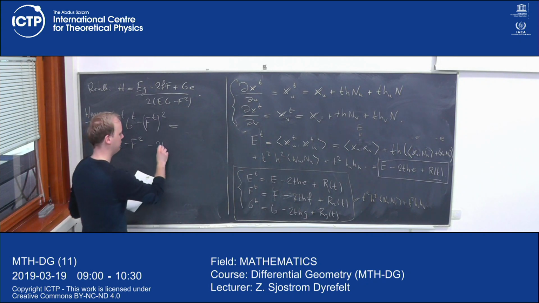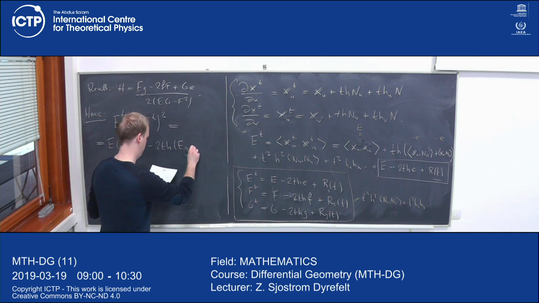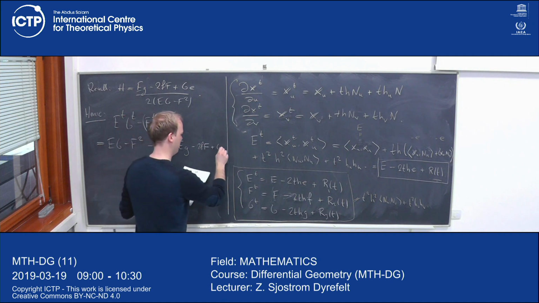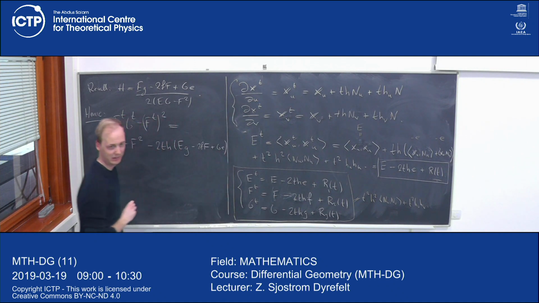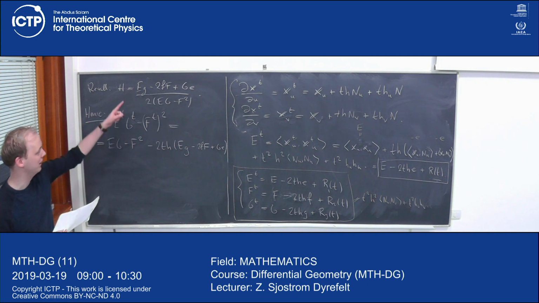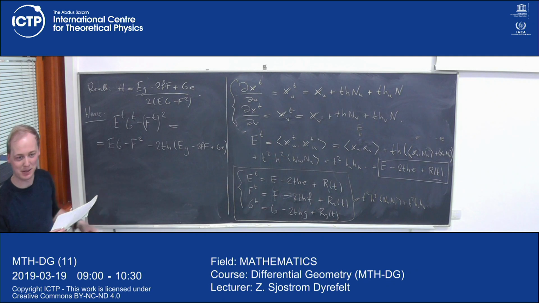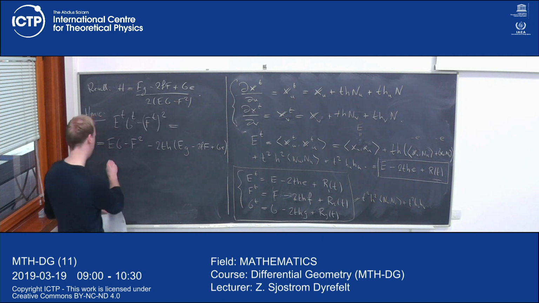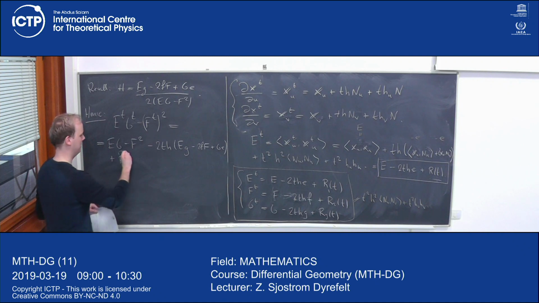Then you get minus 2th times EG minus 2ff plus GE. You can check this. Okay, now that I wrote this, it should ring a bell. Okay, this looks like something you know. And then plus some R tilde of t, which is the remaining terms.